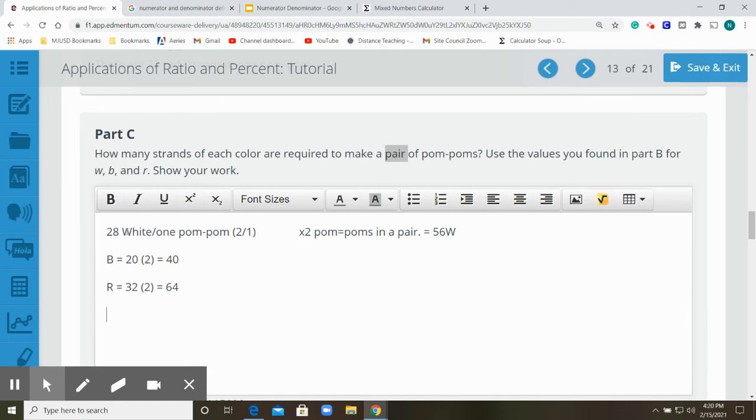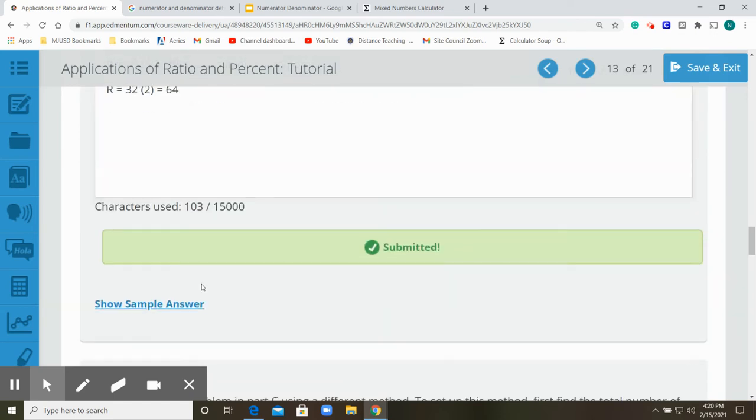So 28 times 2, because there are 2 pom-poms in one pair. So 28 times 2 is 56. 20 times 2 is 40. 32 times 2 is 64.